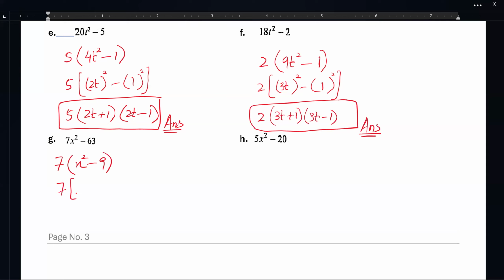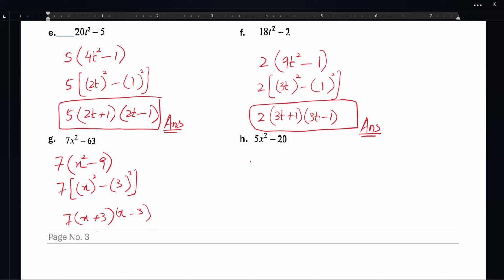So, before application of the identity, we must discover what we have inside the square. x plus 3 and x minus 3. And one important thing, it doesn't matter which bracket you write first. If you write x minus 3 and then x plus 3, it doesn't make any difference, because in the form of a product, it makes no difference.